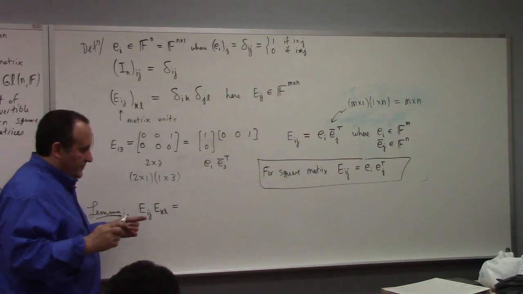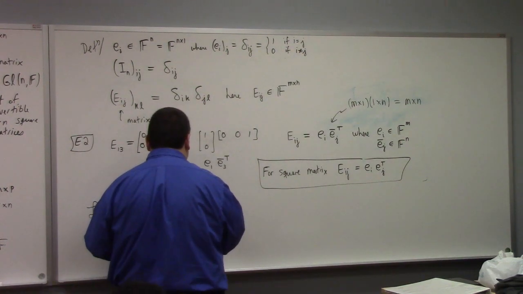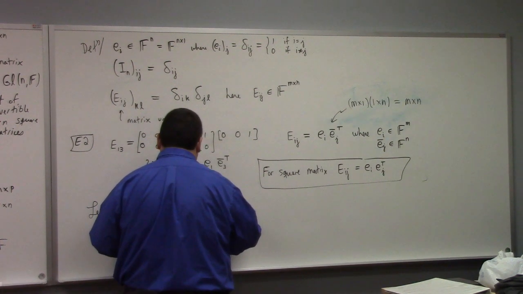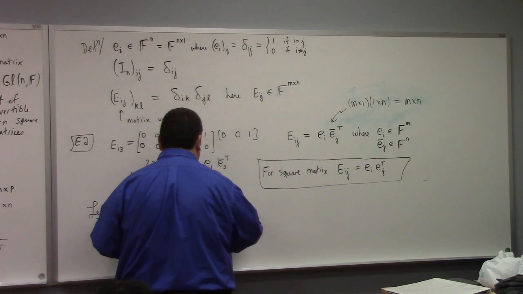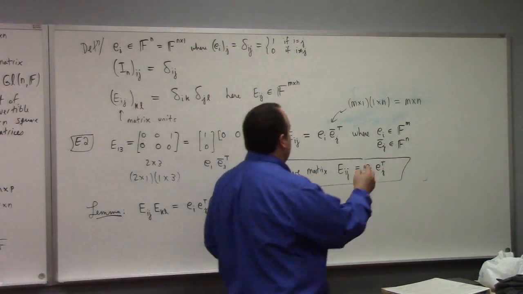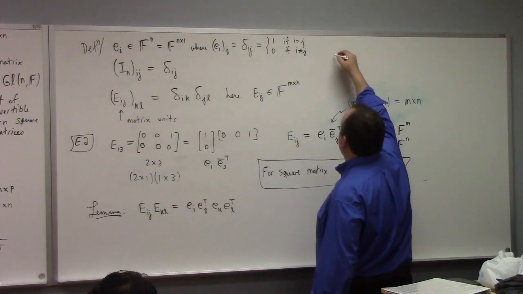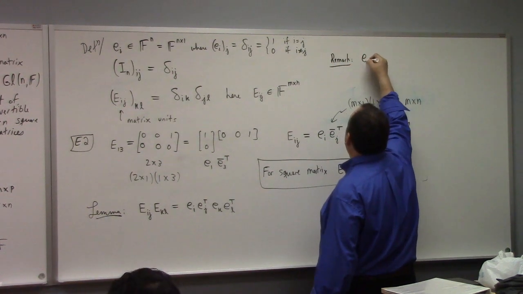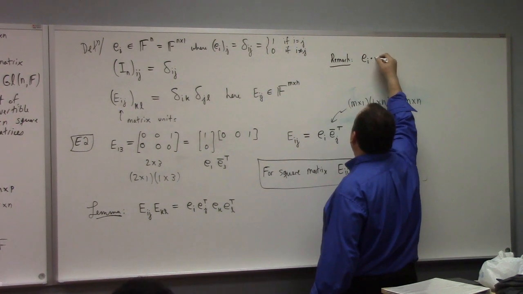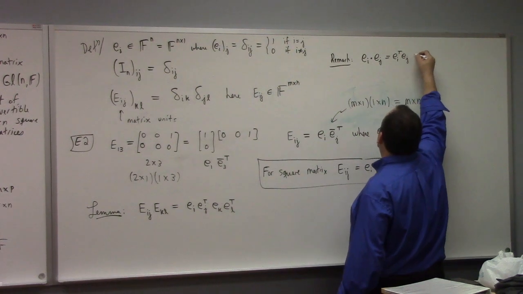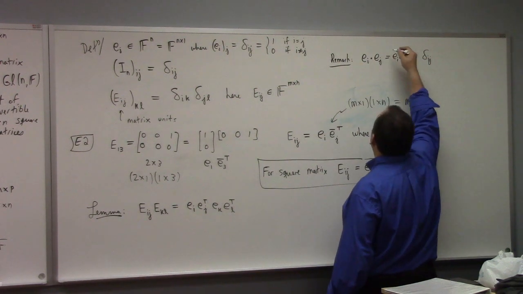But all right, so you just write it out like Ei, Ej transpose. Matrix multiplication is associative, so we don't need parentheses here. And there's a remark I should have probably made: if we have Ei dotted with Ej, that is Ei transpose times Ej, and that is the Kronecker delta Ij.